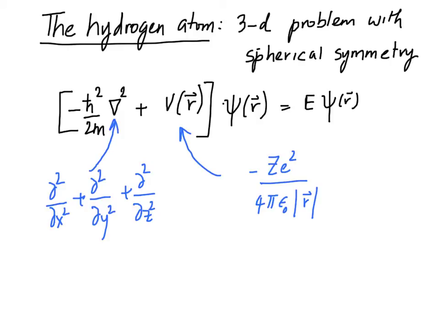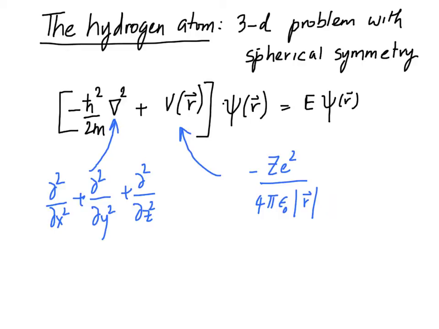And our potential V is, as I just noted, the attractive interaction between our electron and the nucleus. If our nucleus has an atomic number Z, then this attractive interaction between our electron of charge e and our nucleus of charge Ze is given by the expression I've written down over here, right?